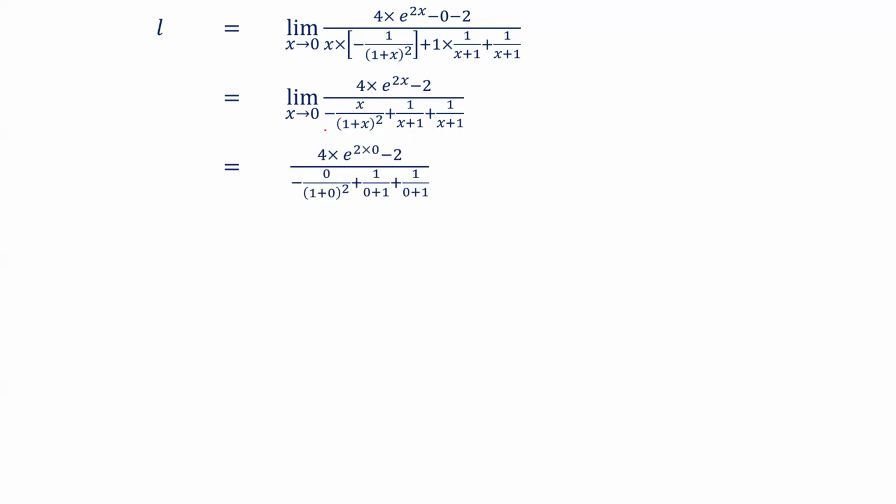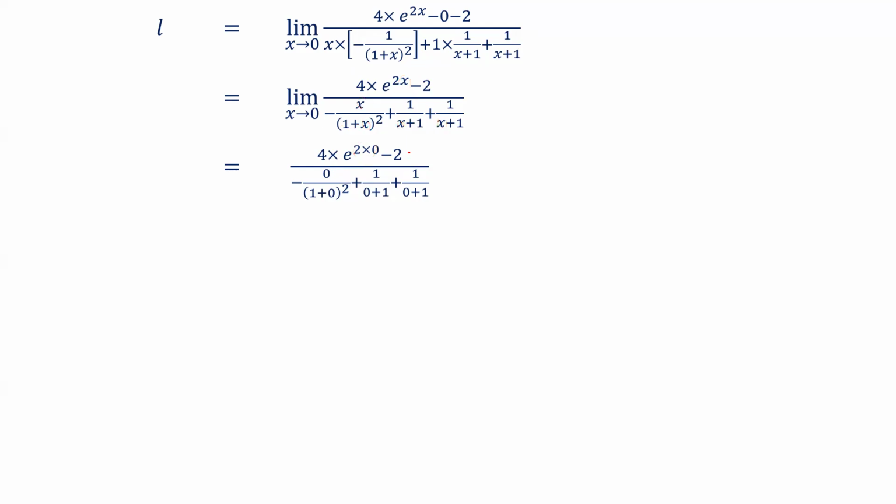Now, if we put the limit, what will happen? x tends to 0, so it becomes 4e^(2 times 0) minus 2, divided by the denominator where each x is 0.